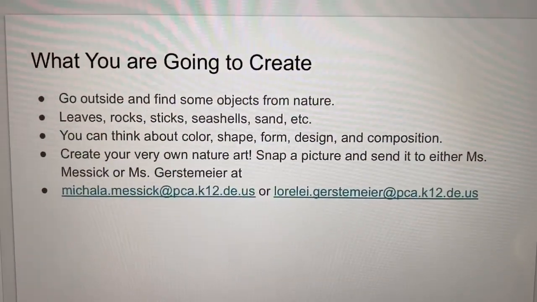Hi guys, so I'm outside and I'm looking for materials I can find in nature to create my nature art project. I'm going to think about things like color when I go look around outside. I want to find things of different colors, maybe different plants, different leaves, rocks, maybe different size rocks or sticks. I have some seashells that I have collected over the years, so I'm going to use some of those, and I'm going to create a video and show you the objects that I found and then how I created it.